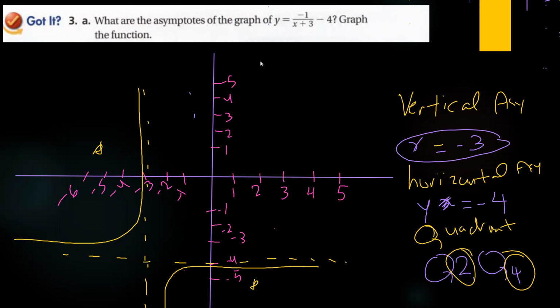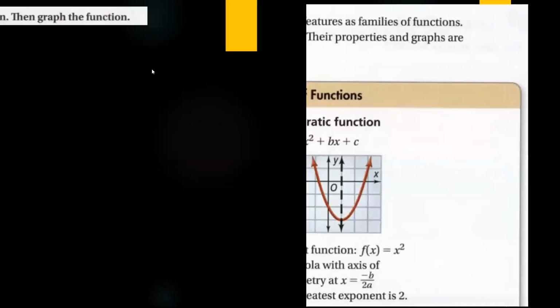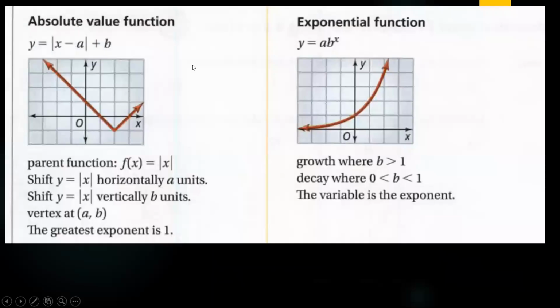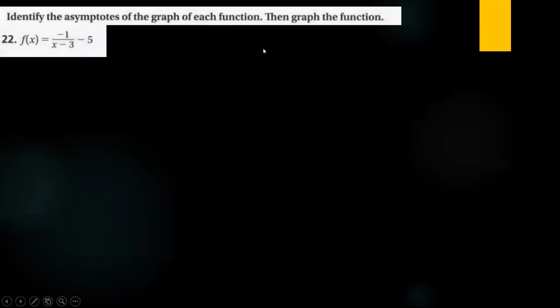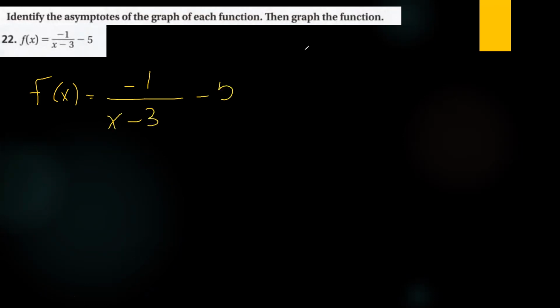Okay, now let's do this example here. This is number 22 in your book. Now, number 22, f of x is -1 over x minus 3 minus 5.